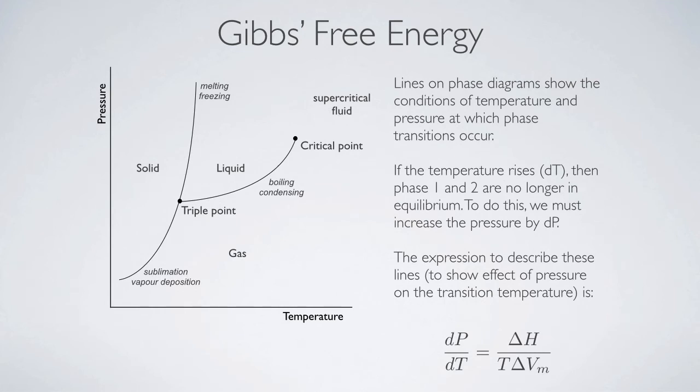So we've got the enthalpy of that phase transition, we've got the temperature at which that phase transition happens, and we've got this change in molar volume. So for ice and water, we saw it with the negative gradient because water as a liquid is denser, has a lower molar volume than water as a solid.